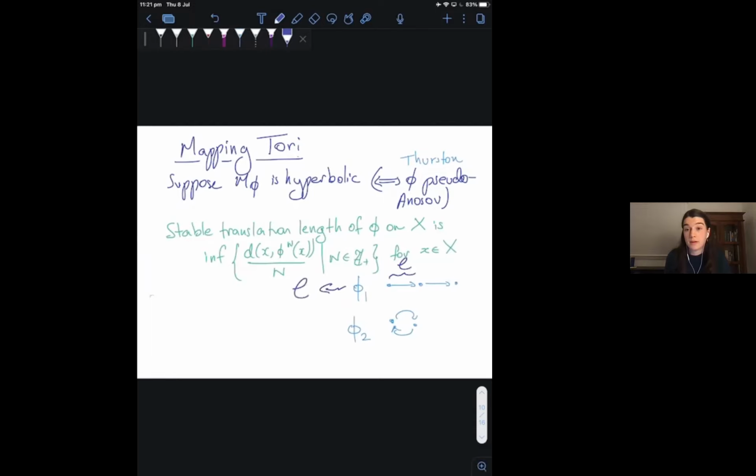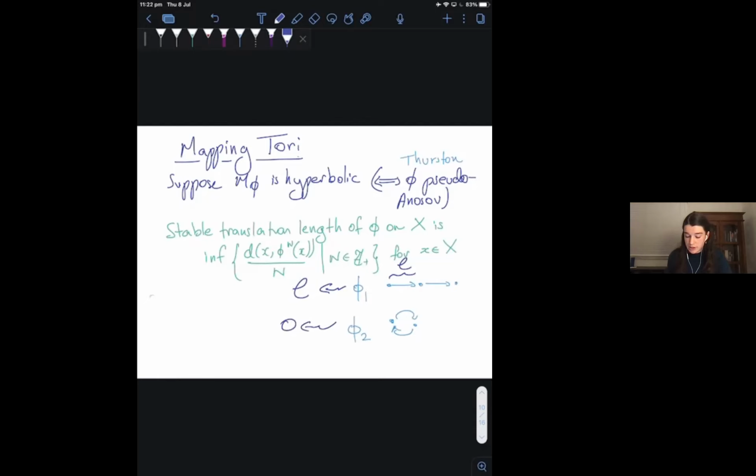But phi2, in contrast, the first time we go around we move, but then the second time we come back again. So in this set that we're taking the infimum of, we're going to get all of these zeros from every time we just come back and back and back, and so this is going to give us 0.